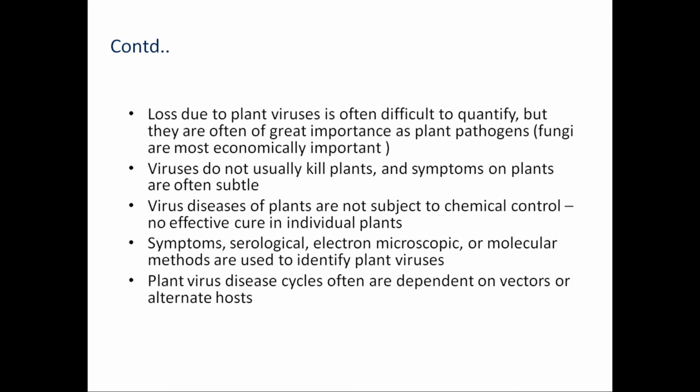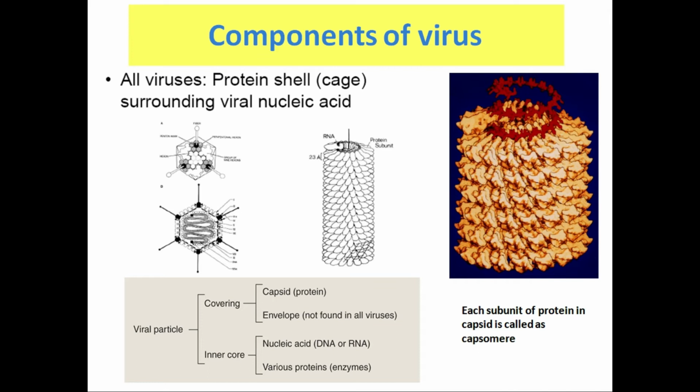Then plant virus disease cycles often are dependent on vectors or alternate hosts, because many plant viruses are vector transmitted, so the disease cycle is also dependent on vectors or alternate hosts. Now see the components of virus.